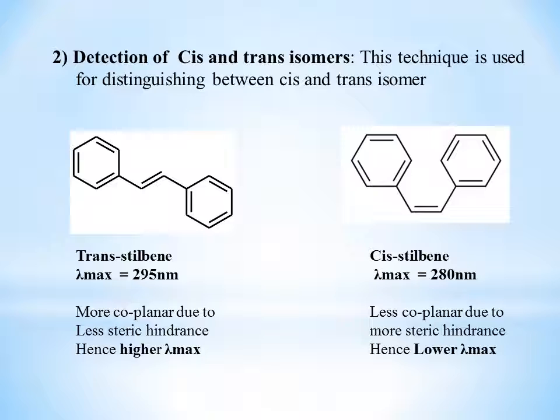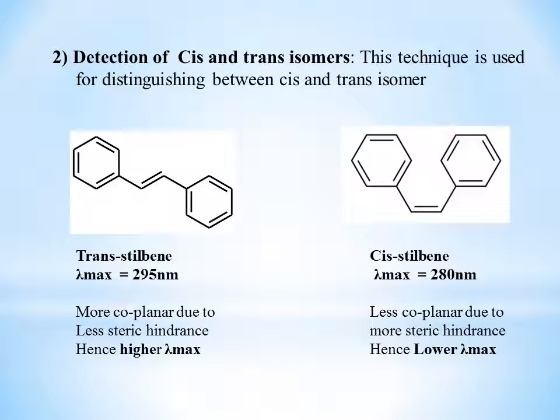If a less coplanar structure is there, like in cis, because of more steric hindrance its lambda max will be towards shorter wavelength, that is 280 nanometer.